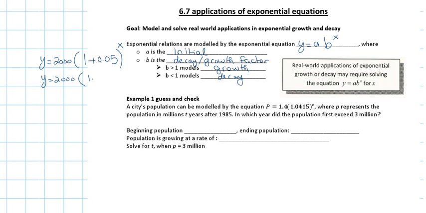I started with an equation that looks like this, but after I plug in all my information and simplify, I end up with y equals a b to the power of x. So yes, I have 4 different formulas, but at the end they're going to simplify to something that looks like this.